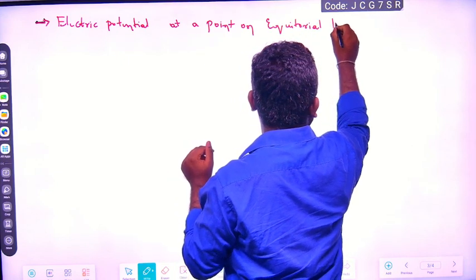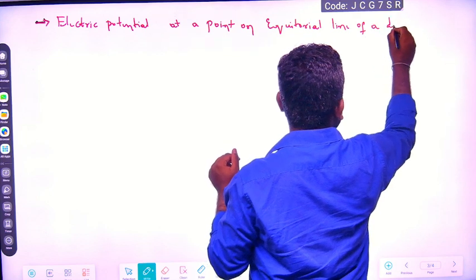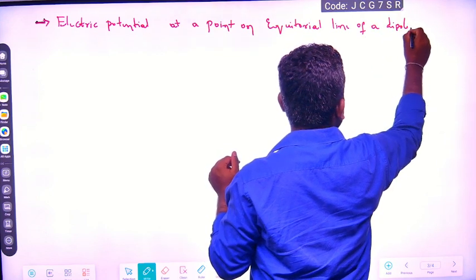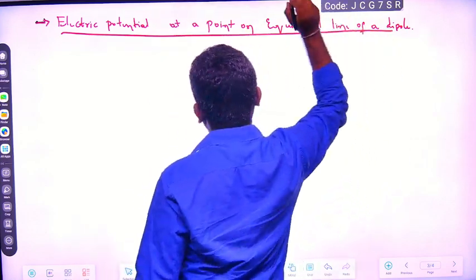Electric potential at a point on the equatorial line of a dipole.